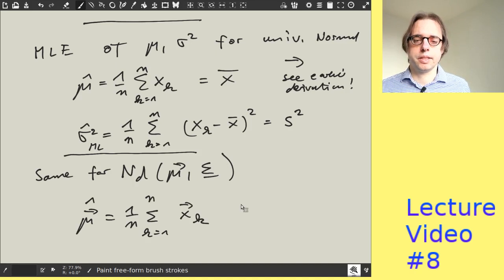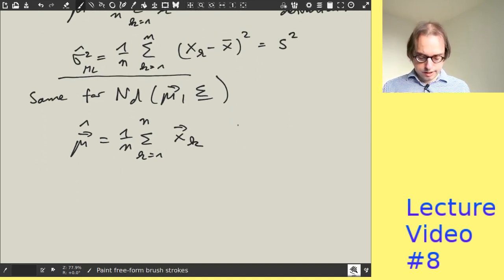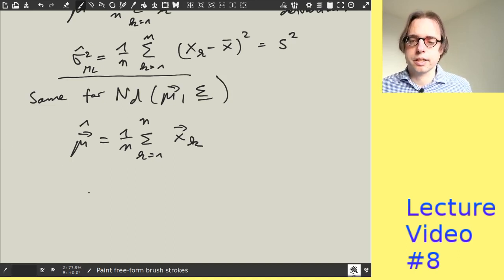So we take the mean, and exactly the same we do for the estimated covariance matrix.